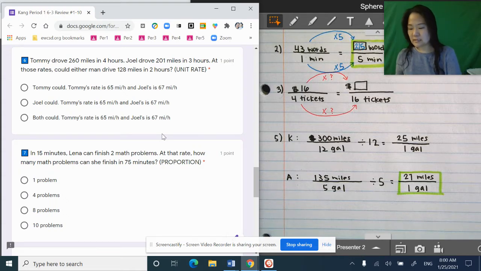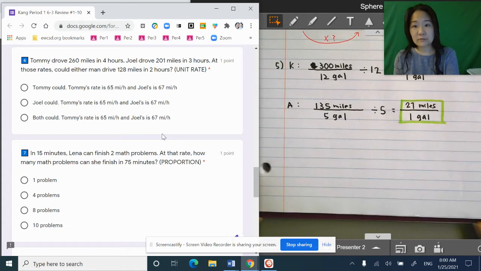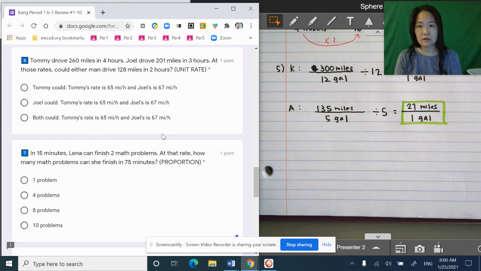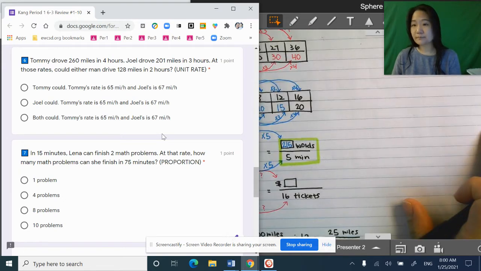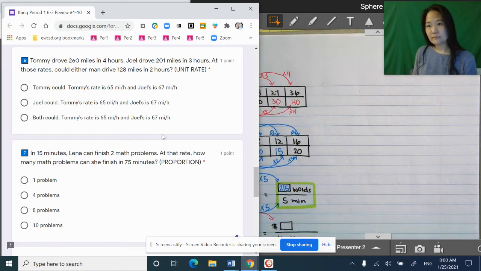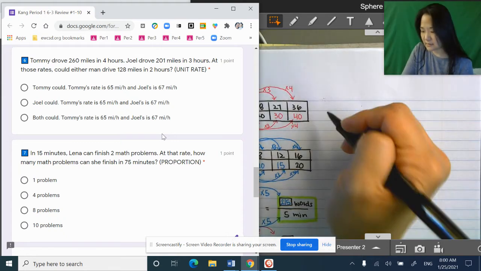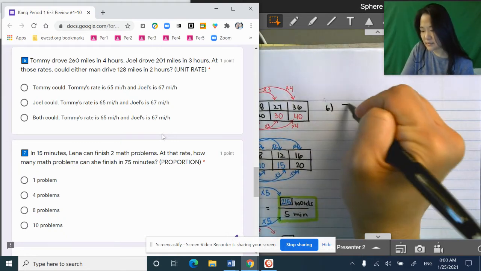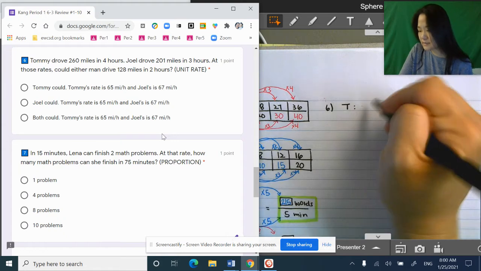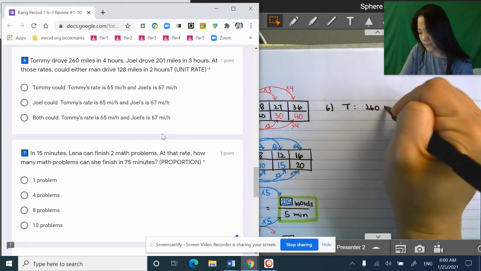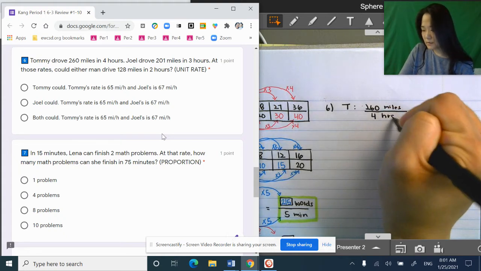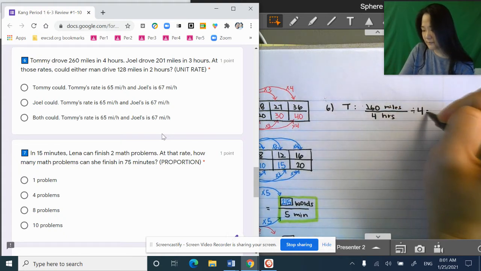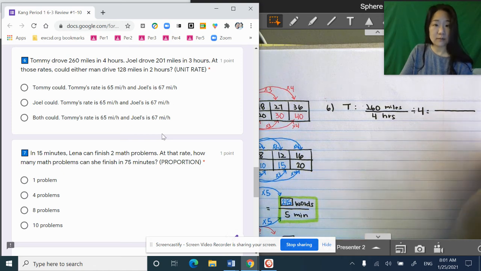So again, just like number 5, it's similar to number 5, so I'm not going to actually solve both, but I will set them up. Let me actually use the space here. Okay, so this is number 6. So first I'm gonna write Tommy's 260 miles in 4 hours, and you're gonna solve by dividing by 4 and see the unit rate.